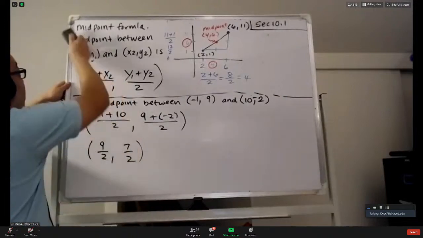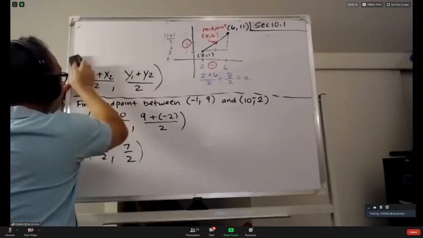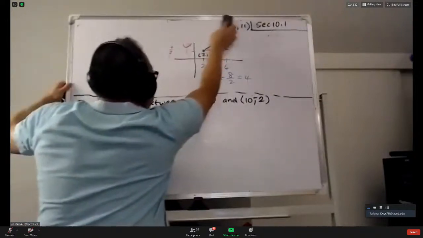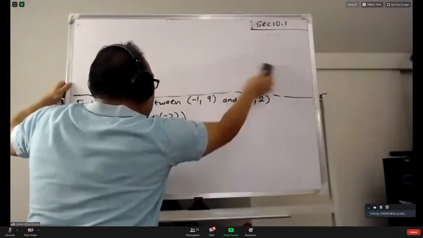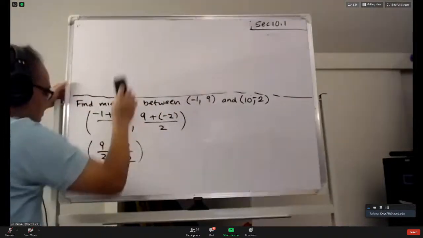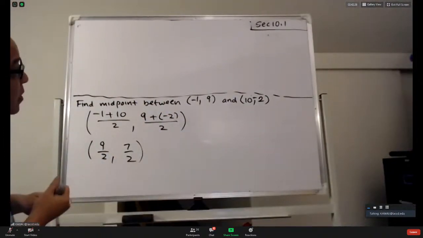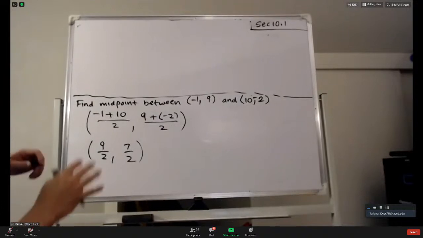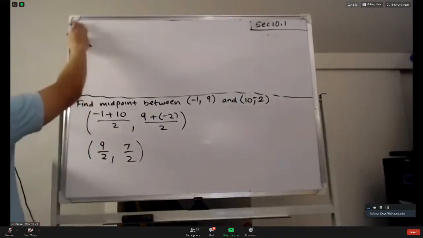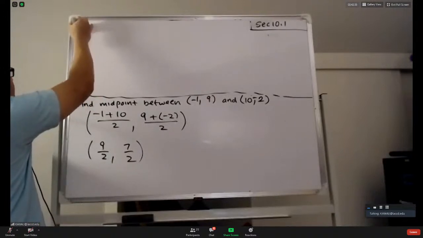Now the distance formula. If I had more time, I would tell you how it's created. It's not very hard, but it's based off the Pythagorean theorem. But I don't want to run out of time when we work on circles, so we're just going to say it works. If you want to know why, Google it.